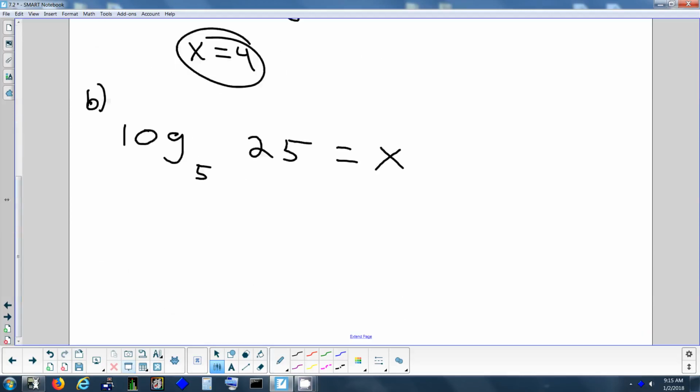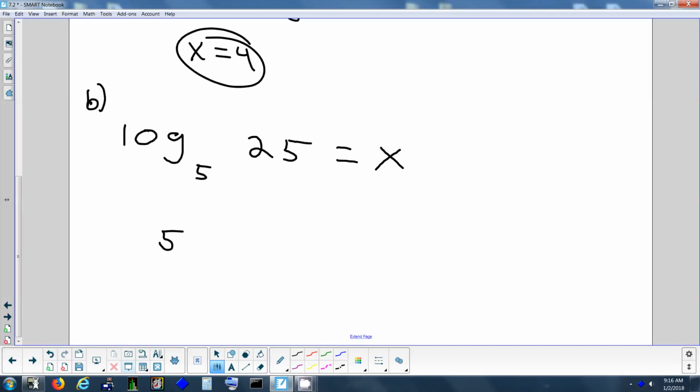All right, let's try this one. It says log base 5 of 25 equals x. Right, so Faith, what's my base here? 5. Yep, so 5 is my base. Emily, how about my exponent?